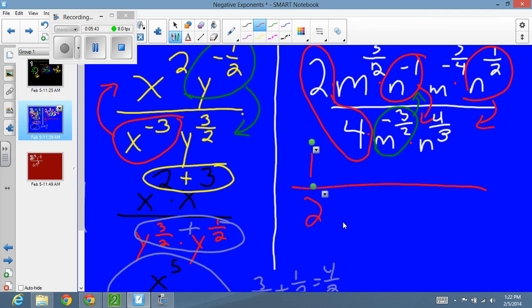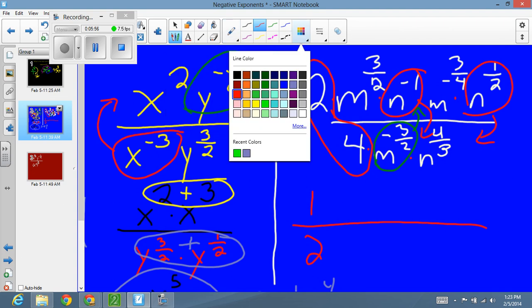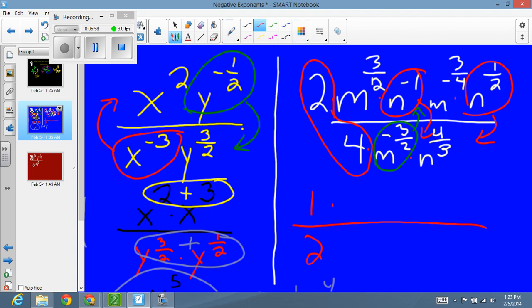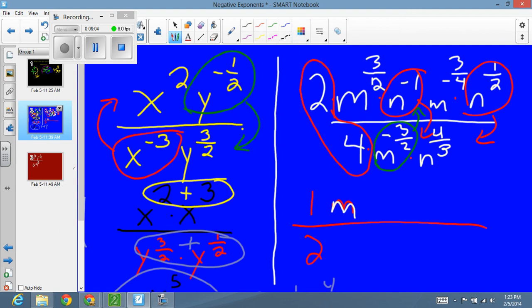And let me just move this down a little, give myself some more room. Okay, so what I have here is, in the numerator, I'm sorry, m to the 3/2 is already up there.